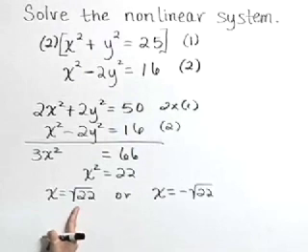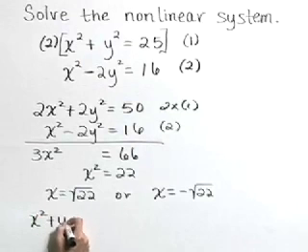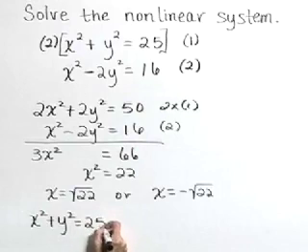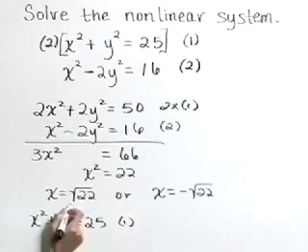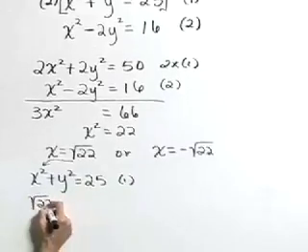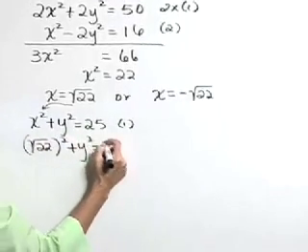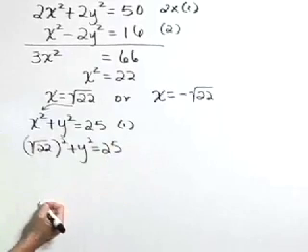Let's take this value for x and substitute it into equation 1, which is x squared plus y squared equal 25. So our value for x right there. This gives the square root of 22 squared plus y squared is 25.